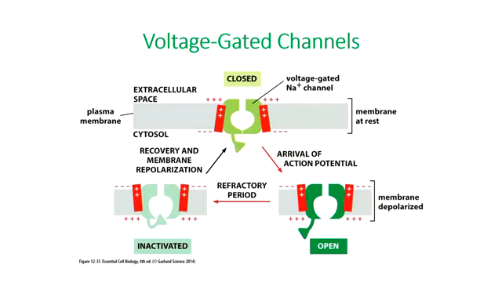We're eventually going to get back to this situation here. And when that happens, our channel is going to close. That is, it's going to switch from its inactivated configuration here, where the tethered domain was blocking the vestibule to the channel, now to its closed configuration, where the gate is actually shut and nothing can get through it.